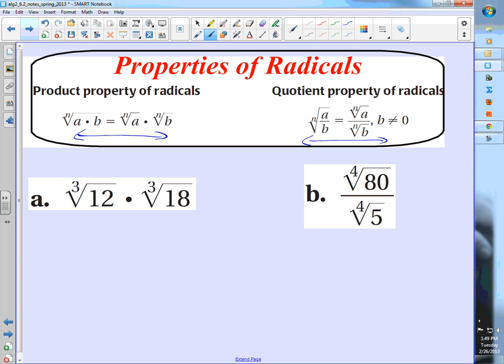So when you look at the first example, the cube root of 12 times the cube root of 18, when you multiply, you can put them together as the cube root of 12 times 18. What's 12 times 18? 216. And the cube root of 216 is 6.